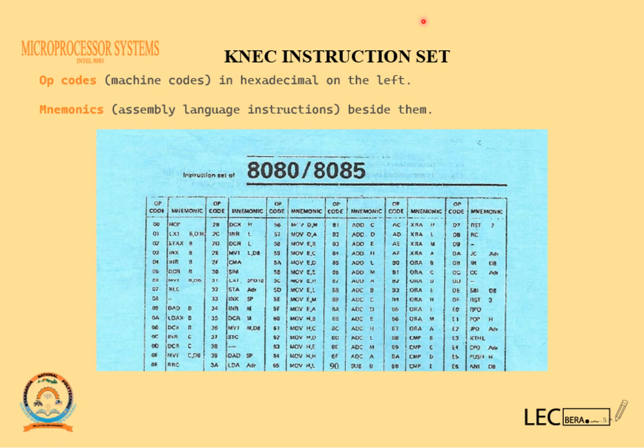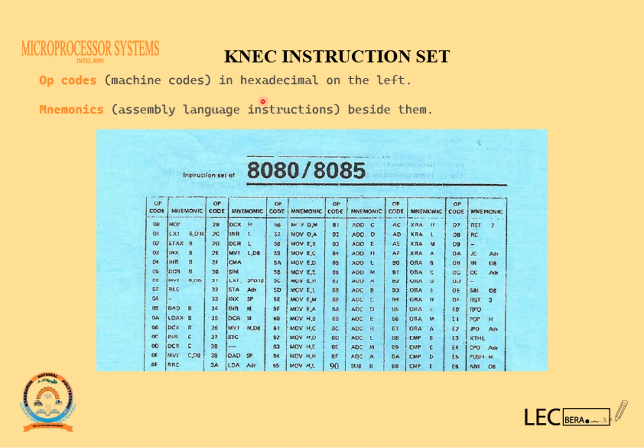For example, we can instruct the Intel 8085 to perform addition of numbers. We can instruct it to transfer data from one memory to another. We can instruct it to perform arithmetic operations, among other things which we are going to see. Those codes which we normally use to instruct the Intel 8085 are called the instruction set.